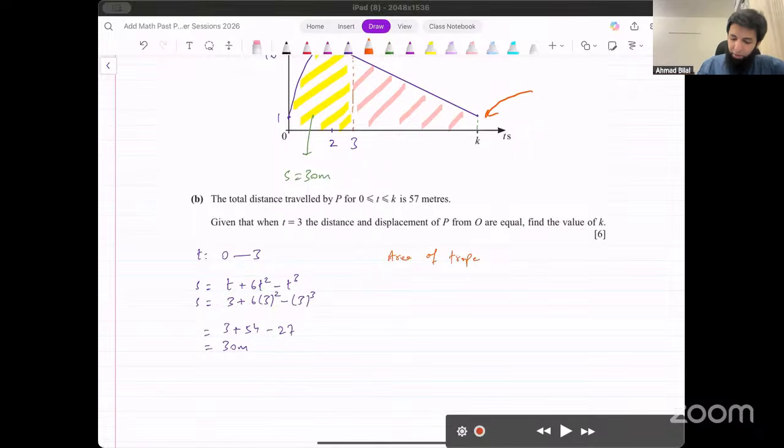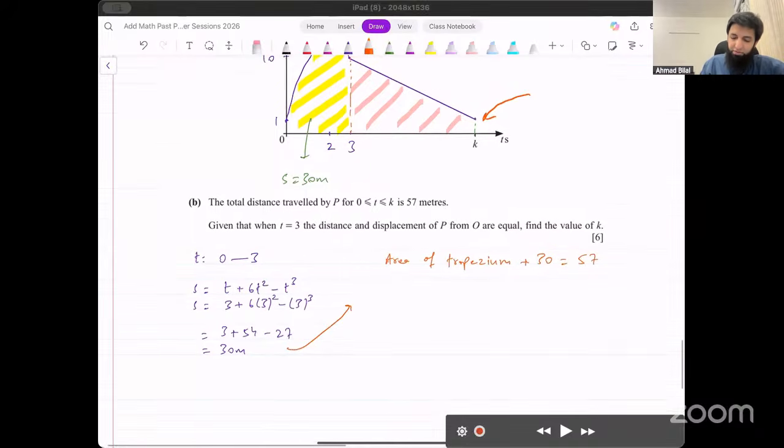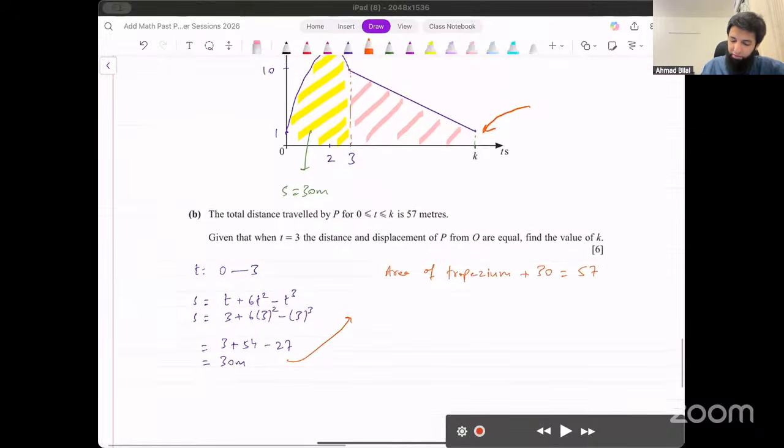Okay, achha. The area of the trapezium plus this 30 that we have calculated here should equal 57, because that's the total distance traveled.